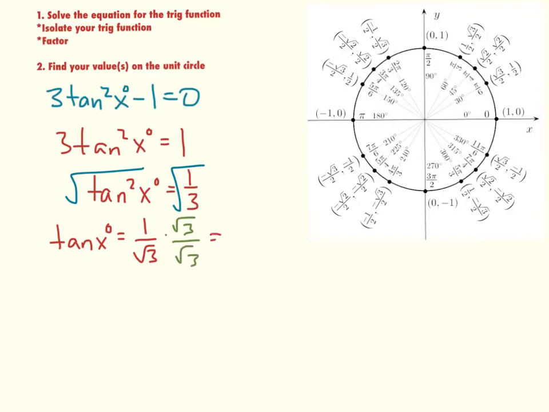So I'm looking for the tangent of x to equal the square root of 3 over 3. I'm thinking back to tan, and I know that tan is y over x. So I'm looking for whenever the square root of 3 over 3 will occur when I divide y by x.